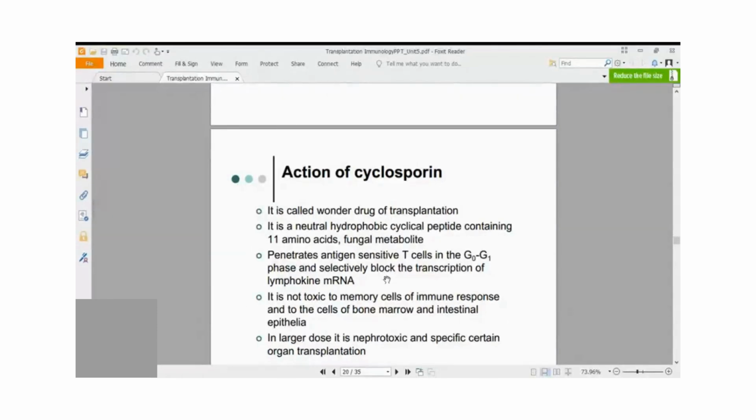By inhibiting the secretion of these cytokines, remember, IL-2 is responsible for autocrine growth of the T cells. That is, it facilitates mitosis and clonal expansion of activated T cells. So if IL-2 itself is prevented from production by interfering at the transcription stage, that is G0, G1 stage, that T cell will not be able to proliferate further in the absence of IL-2.